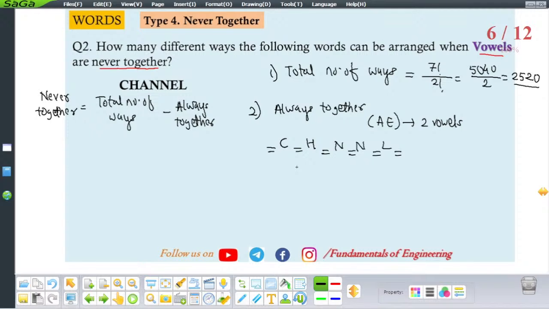So arrangements we will get when the vowels are always together: these 6 places, 6 factorial upon N is repeated twice, so 2 factorial, into these 2 vowels.